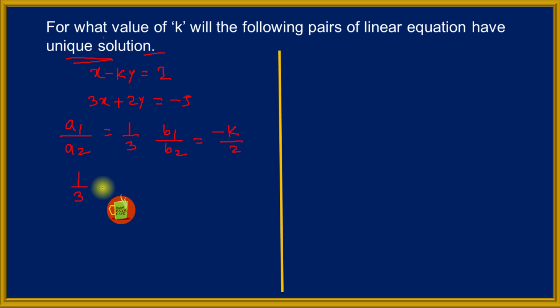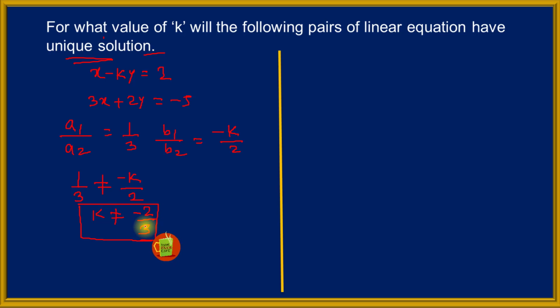Therefore by the condition, 1 upon 3 should not be equal to minus k upon 2. If you take 2 to the other side, you will get k should not be equal to minus 2 upon 3. So highlight this. k is not equal to minus 2 upon 3.